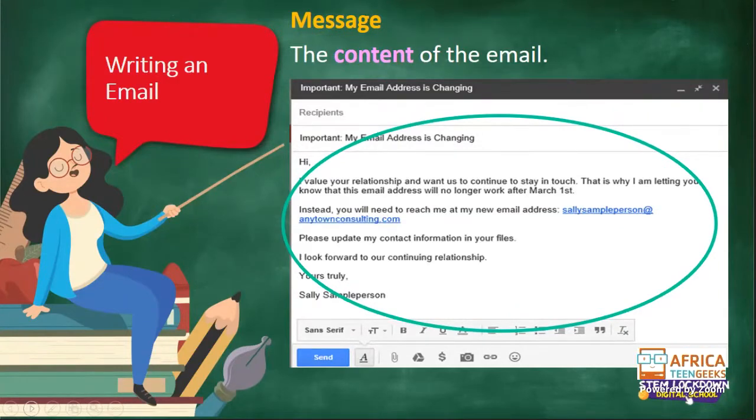If you look at this message, for example, in the first paragraph, the first two sentences, he talks about how he values the working relationship. In the next paragraph, he talks about where they can reach him. Then in the next one, he talks about how they must update his information. Then in the last part he says, I look forward to continuing our relationship.